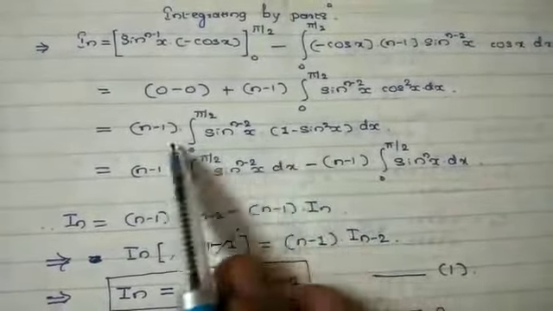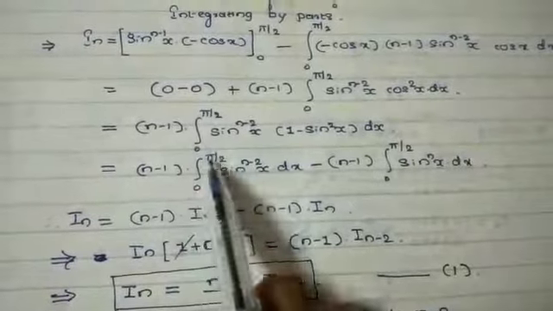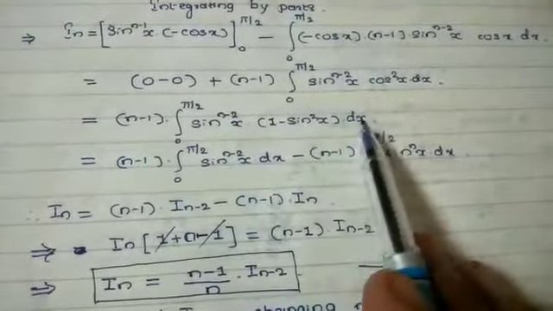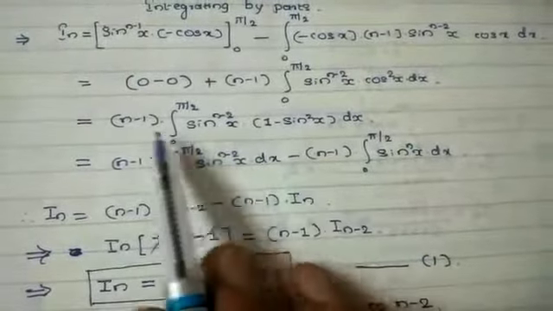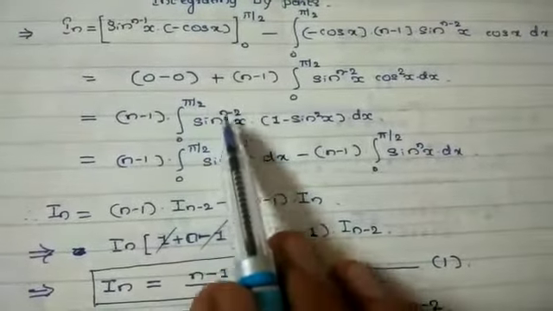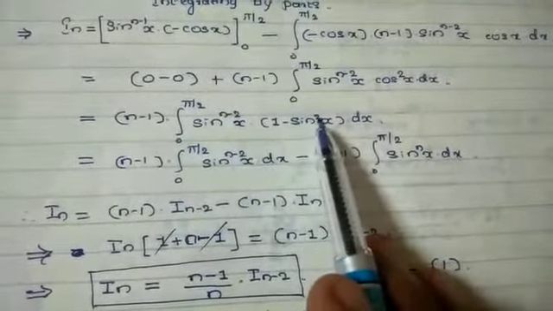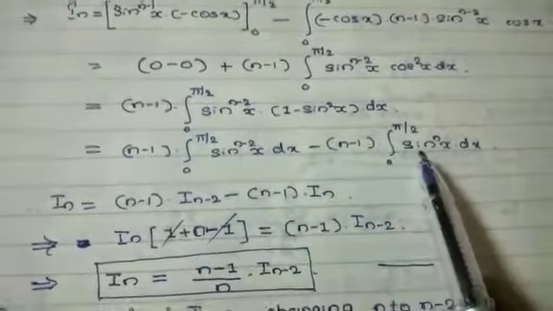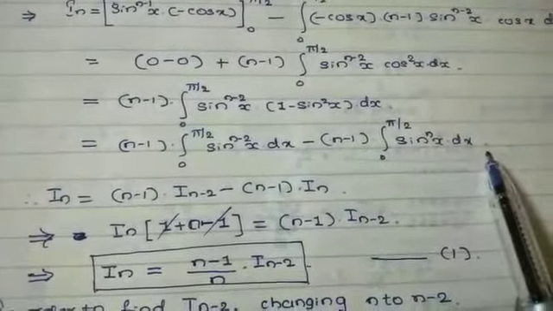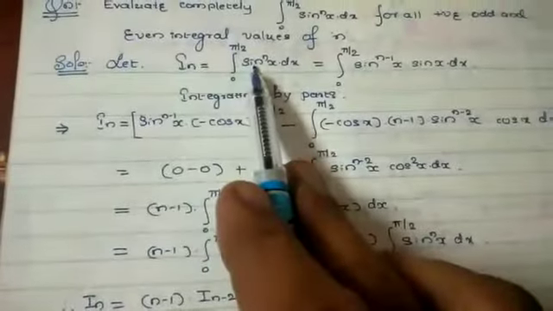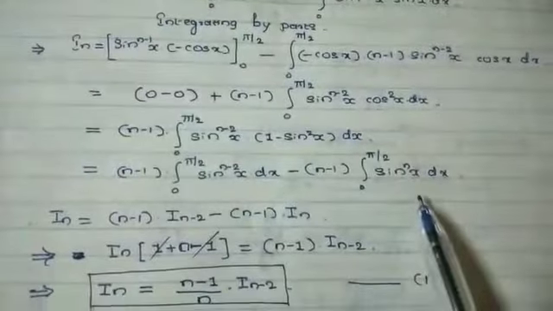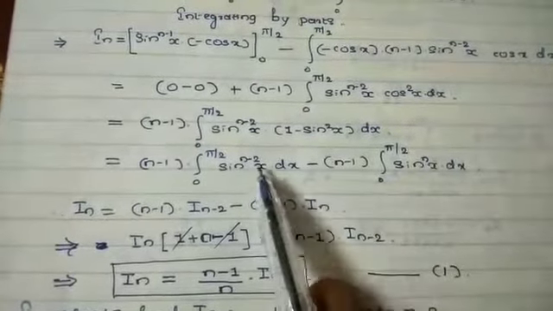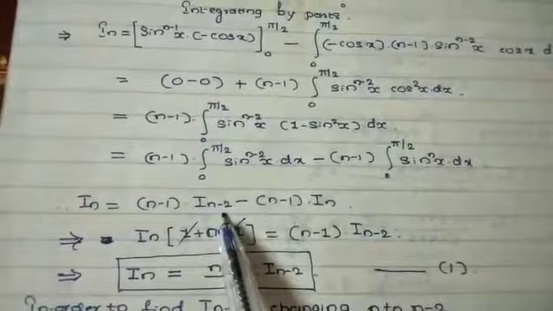Now we multiply this bracket: n minus 1 times the integral from 0 to pi by 2 of sin raised to n minus 2 x into 1 with respect to x, minus n minus 1 times the integral from 0 to pi by 2 of sin raised to n minus 2 x into sin square x, where the powers add to give sin raised to n x with respect to x. We are considering the nth term as I_n, so the integral of sin raised to n x is I_n and sin raised to n minus 2 x is I_n minus 2.